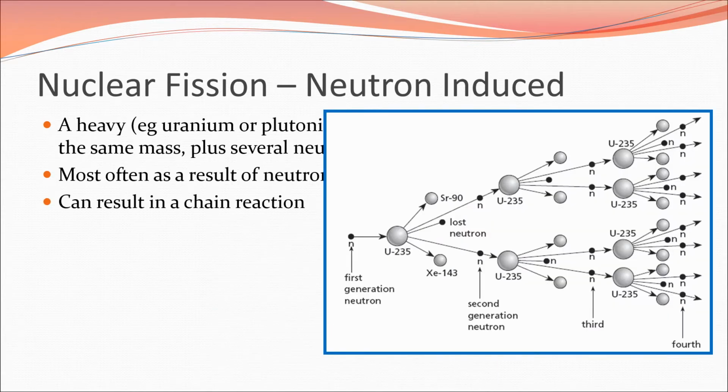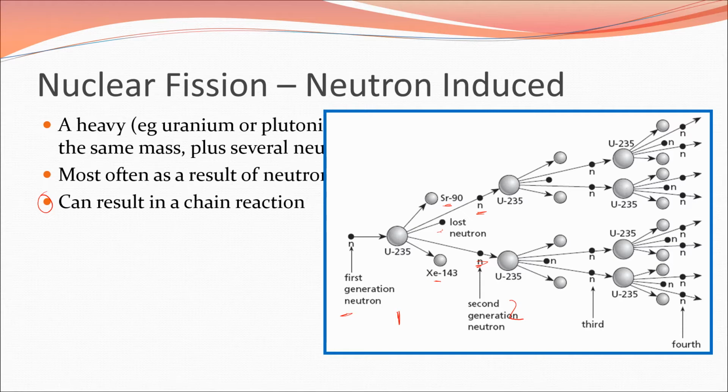And here's a result here, which is basically our chain reaction, where we have the first generation and we have one atom that reacts. We have two daughter nuclei and three neutrons given off, and let's assume that one's lost somewhere, and we have two other neutrons there and there, which can react with two uranium atoms and cause two to undergo fission.